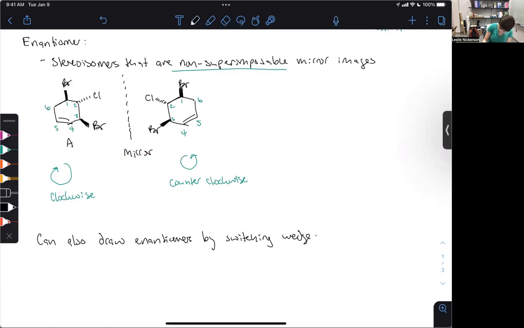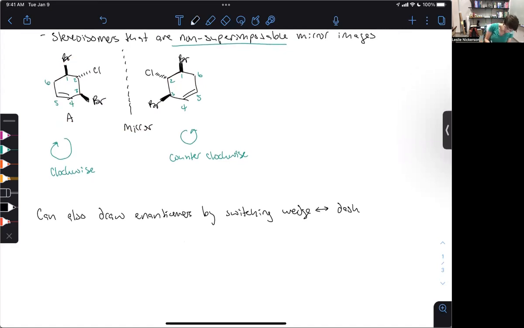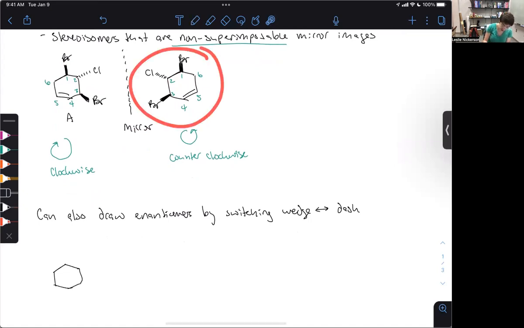Okay, so everything that was wedged is going to become dash, everything that was dashed is going to become wedged. Okay, so if I take A, and instead of drawing out my mirror image, I'm just going to take A and just switch everything.